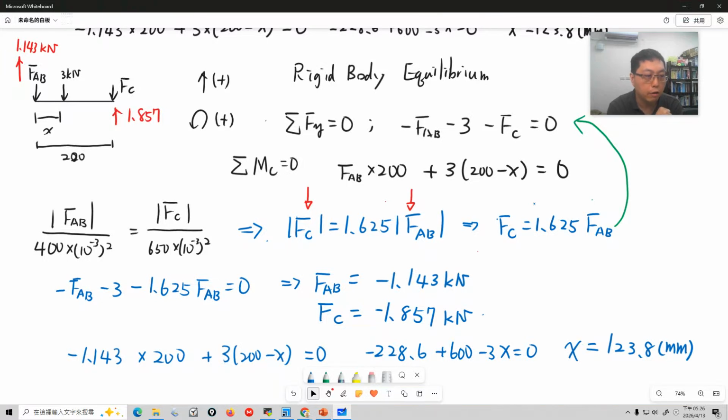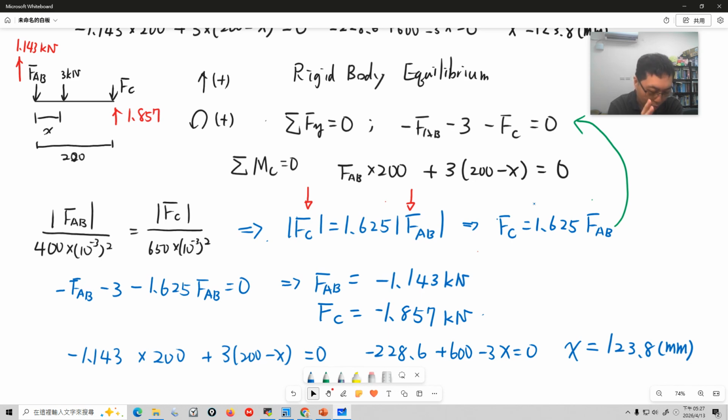So in this example 7.7, I made two wrong initial force directions, but finally after the calculation I still get the right direction of the forces and the answers. Hope this helps you get more understanding of the initial assumption of these forces.